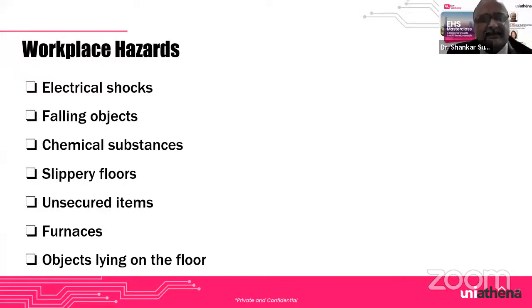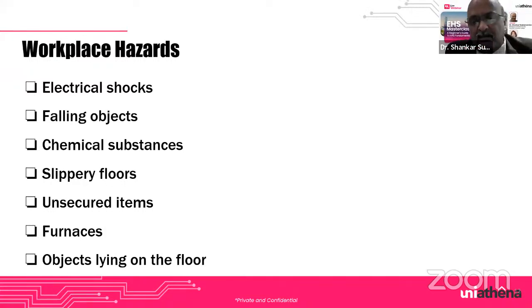Workplace hazards could be an electrical shock, or a falling object, like something placed on top coming down. Chemical substances, as I said, a lot of industries like paint industries use a lot of hazardous chemicals like acids, pigments, and dyes. These can be explosive, and can also lead to choking of the lungs, for example.